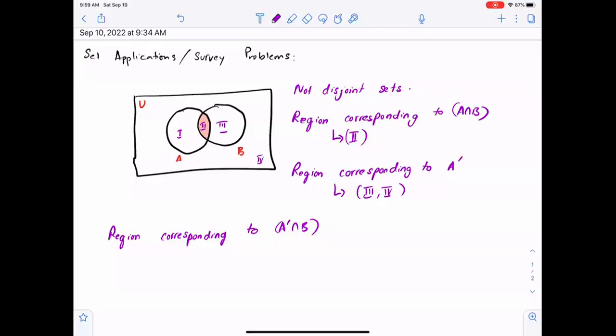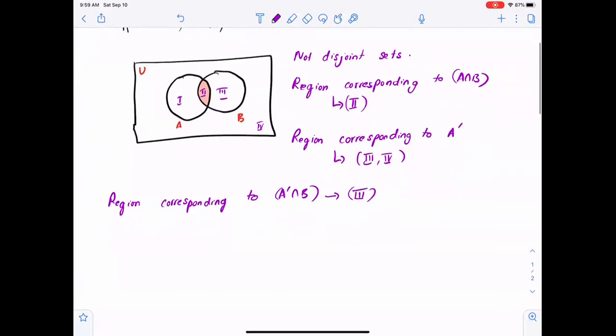The answer here is 3. There are a couple of ways in which one may deduce this. You can either use literal expressions, or you can use the Venn diagram.